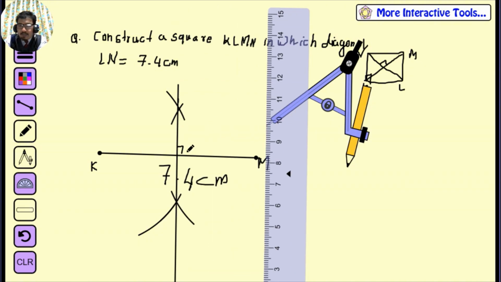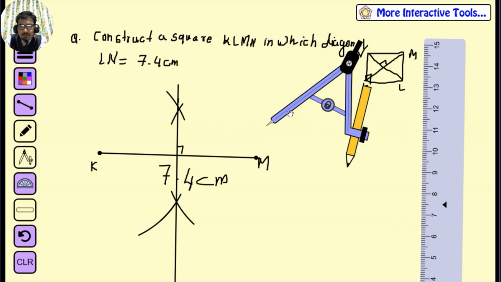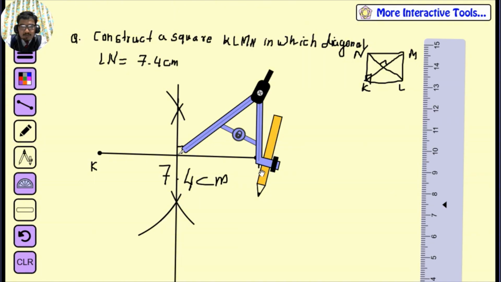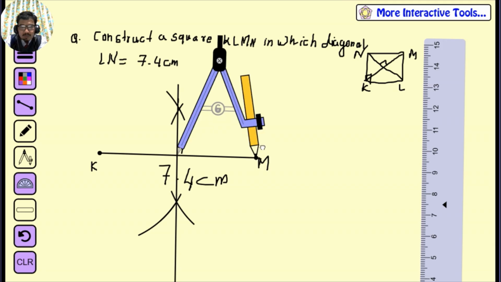After this, look here, we have to take the help of the compass. As we know, look at this part, this is the half of 7.4, right?